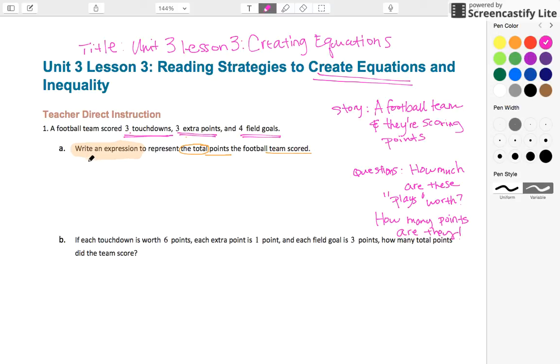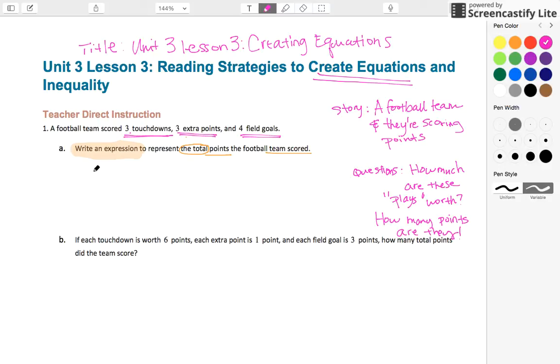Okay, so we don't know how many points those touchdowns are, and we don't know how many extra points. Well, extra points could vary. And then we also have field goals. Those points could vary too.